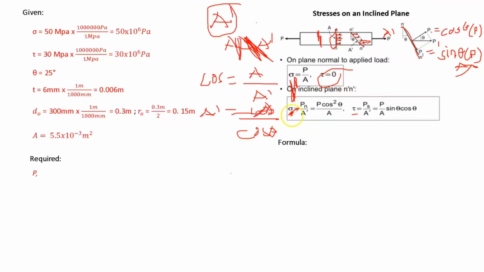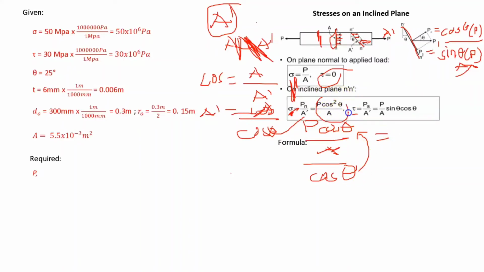In the inclined plane, the normal stress is equal to Pn over A prime, right? We know that Pn is P cosine theta, and A prime is A over cosine theta. So it becomes this.